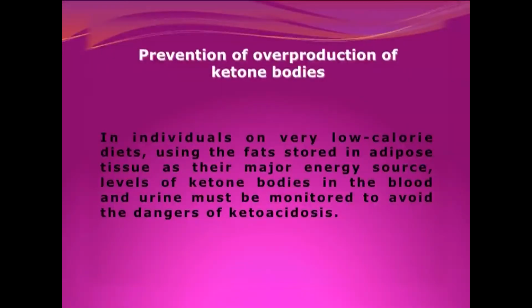Now, coming to the prevention, we have to regularly monitor the blood and the urine of untreated diabetes mellitus patients or the people who live on fasting or starvation conditions and check whether they are suffering from any overproduction abnormalities.